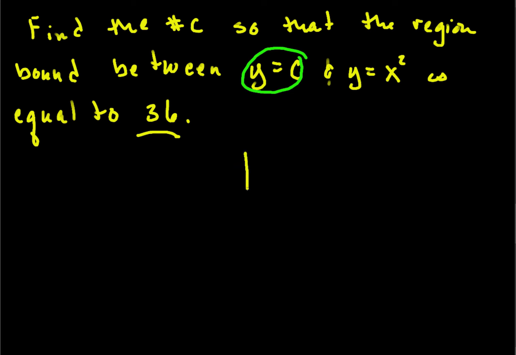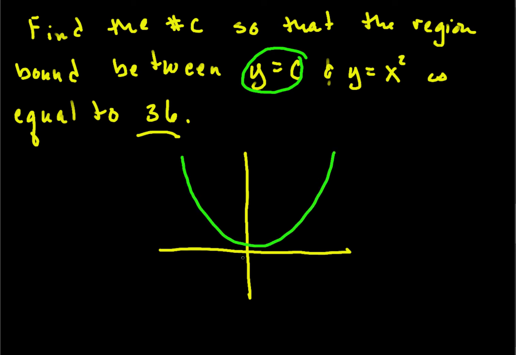So if I've got the graph of y equals x squared, that's a parabola. It looks something like this. Of course, it comes down and touches there, bad graph. And y equals c.